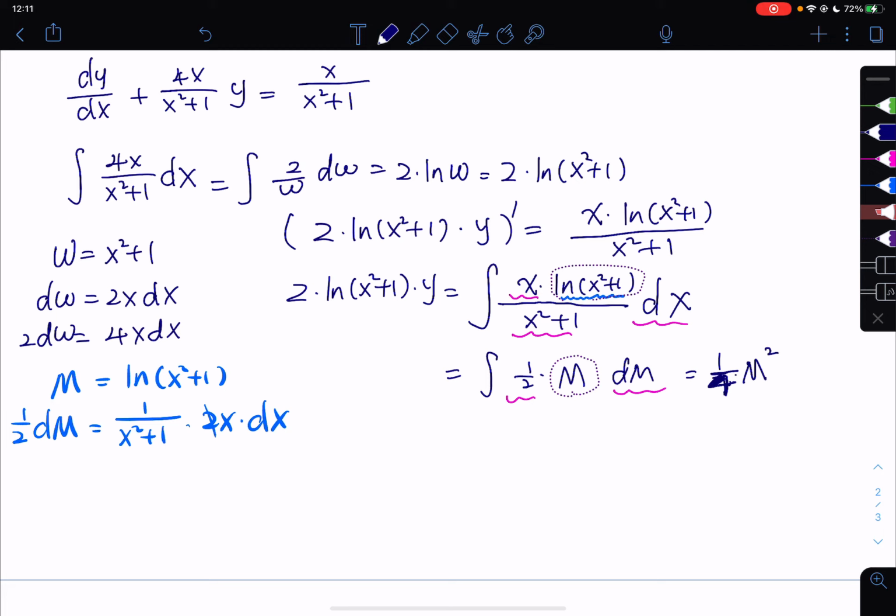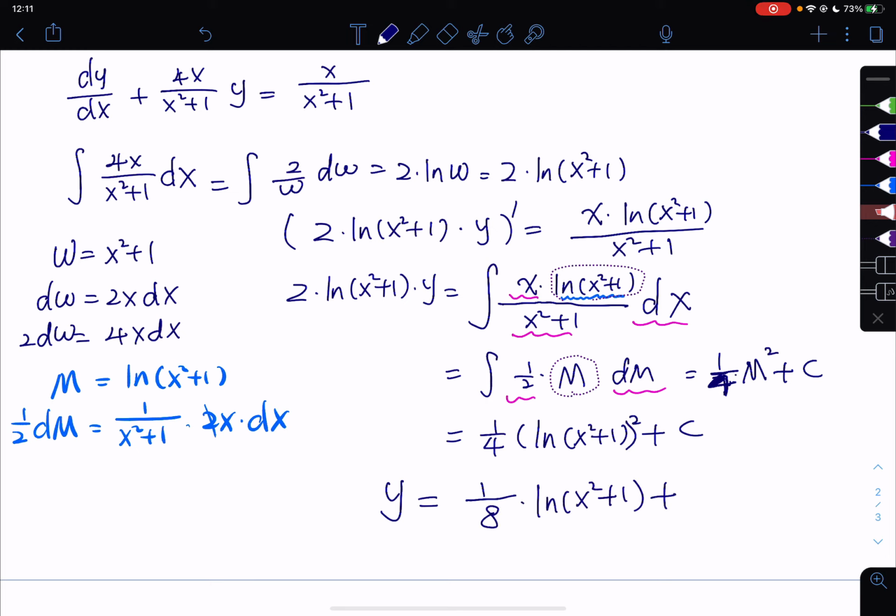So what I end up with is 1/2 of 1/2 m squared. So it is that plus c, and therefore it's 1/4 of ln of x squared plus 1, squared, plus c. So eventually, to get rid of the extra coefficient in the front, what I end up with is 1 over 8 times ln of x squared plus 1, plus c, divided by ln of x squared plus 1.